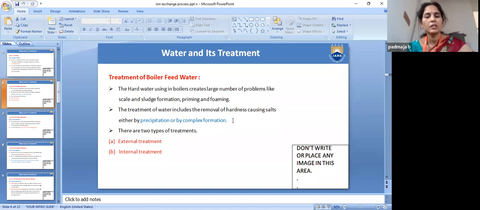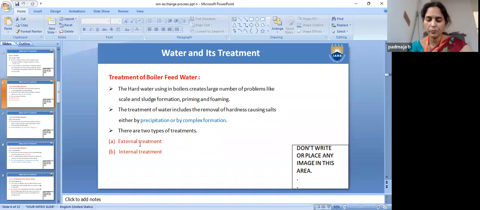In external treatment also, either precipitation or complex formation takes place. But most of the time in internal treatment we observe complex formation. In external treatment, we either get completely soft water without any precipitation, or we get precipitation. So there are two types of treatment methods: external treatment and internal treatment.